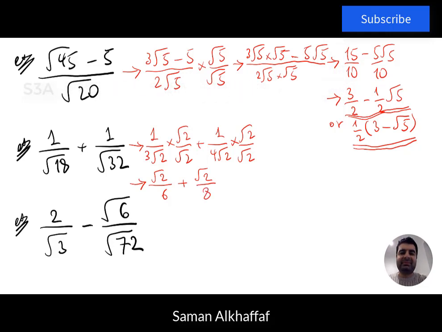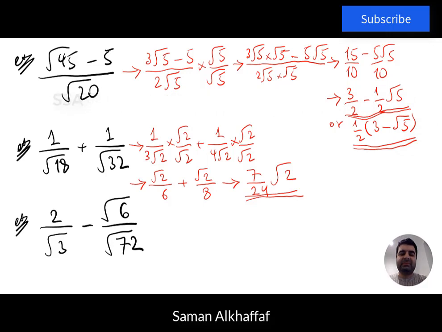Now we have 6 and 8 added to each other. So in this scenario, we'll just take root 2 as common. So we would have 7 over 24 multiplied by root 2, and that will be our final answer by adding the fractions to each other.